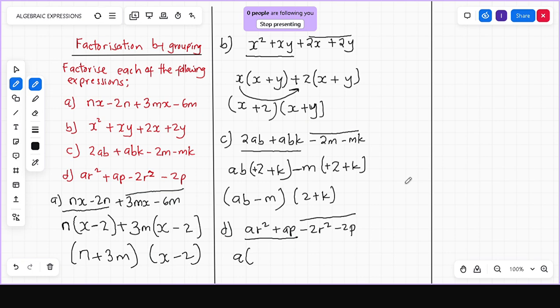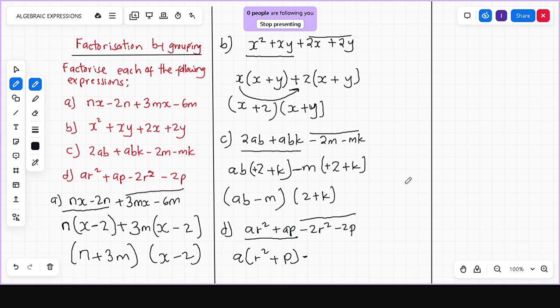Into bracket, ar squared divided by a, we are left with r squared, because when you take a out of the bracket, the a inside the bracket vanishes. Plus ap divided by a, we are left with p. Then this negative, we bring it here, minus.